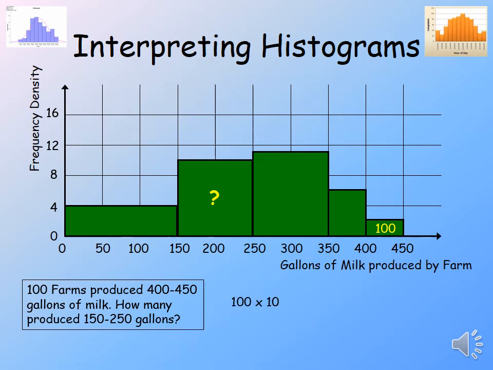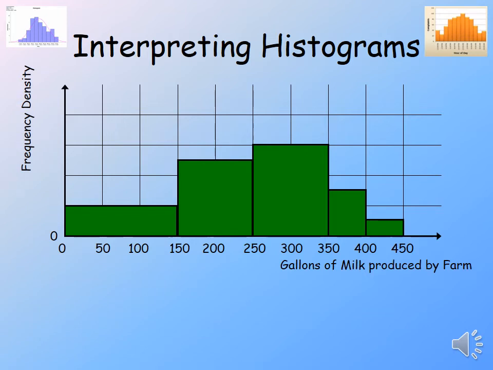So it's 100, which is the width, and the frequency density is 10, so the answer is 1000. So you must look carefully at the information that is given and what you need to work out. Here we needed to work out the frequency density scale.